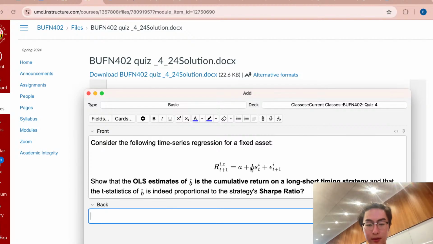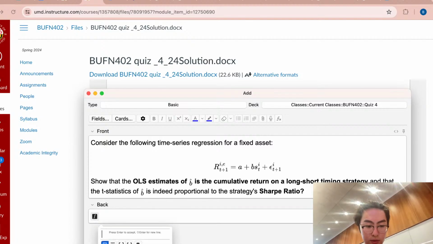Okay, let me just think about this. So in an ordinary least squares regression, how do we estimate b? Well, we have to minimize the sum of squared residuals, which is you take your return at t plus 1. So let's try writing this out.